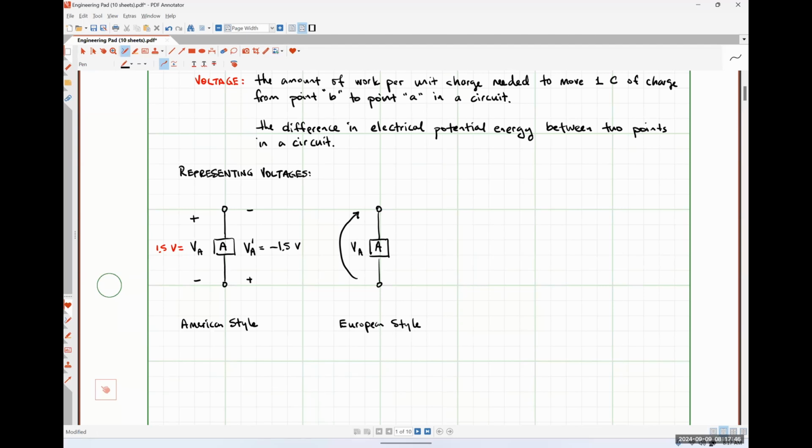So I don't care for the European style, but it does exist. Now you're aware of it. If I wanted to have VA prime be the opposite polarity, then I would just have the arrow in the opposite direction.